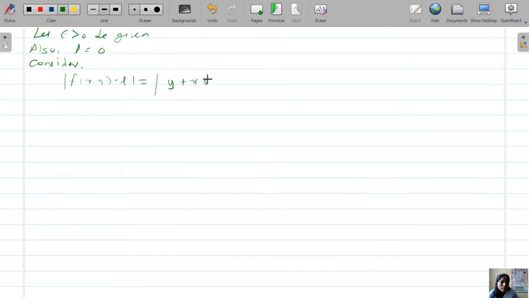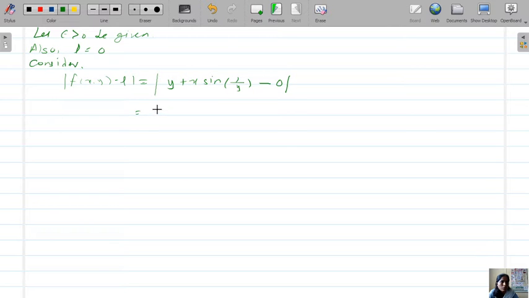So very first, let epsilon greater than 0 be given. What is L here? L is equal to 0. So consider mod of f of xy minus L. What is f of xy? It is y plus x sine 1 upon y minus L, which is 0.